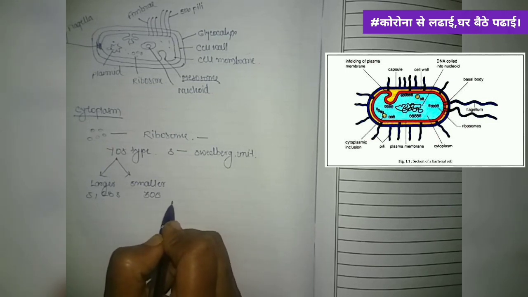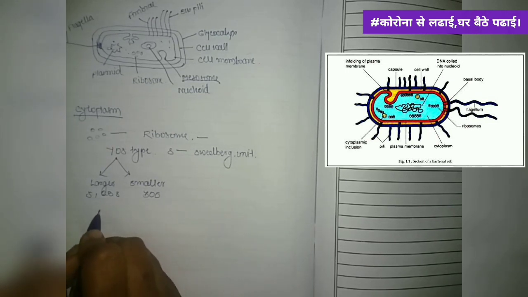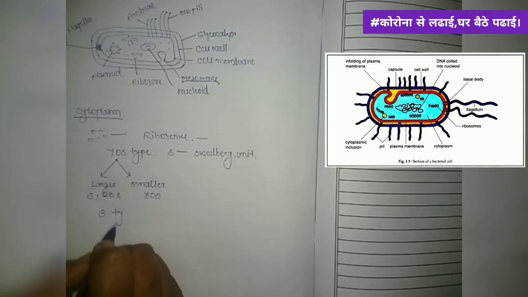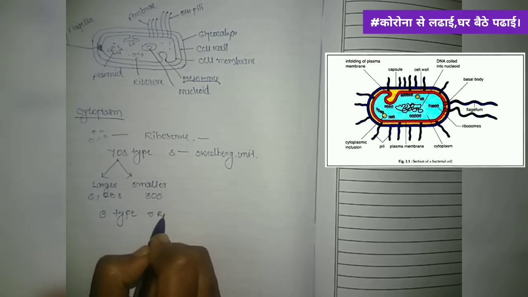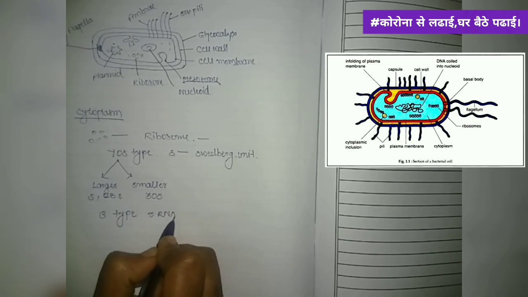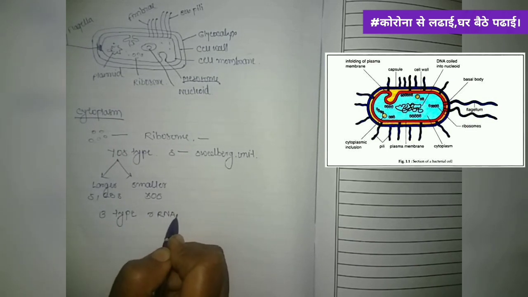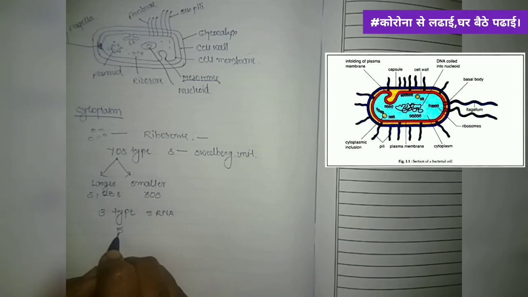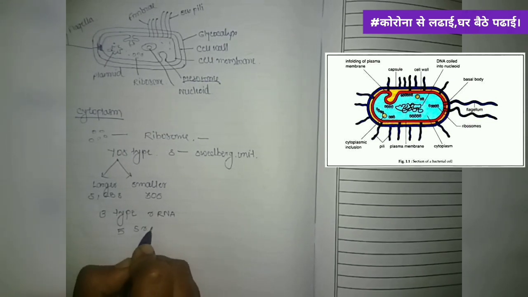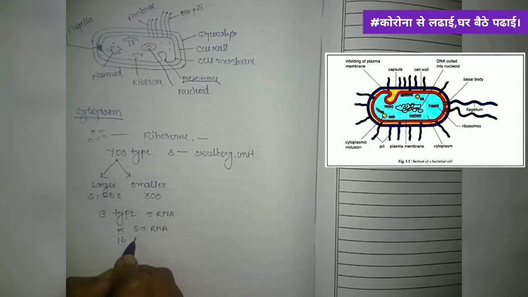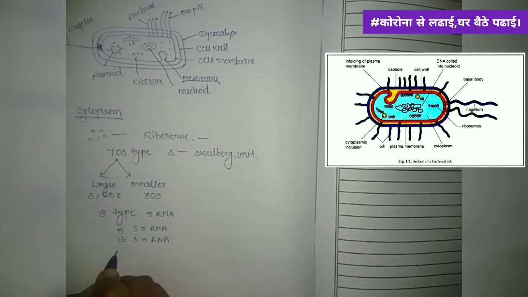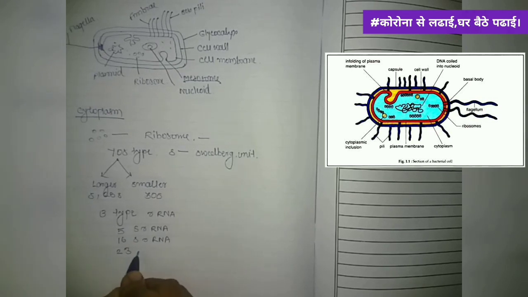Then, three types of ribosomal RNA are present in the prokaryotic cells: 5S ribosomal RNA, then 16S ribosomal RNA, and the last one is 23S ribosomal RNA.